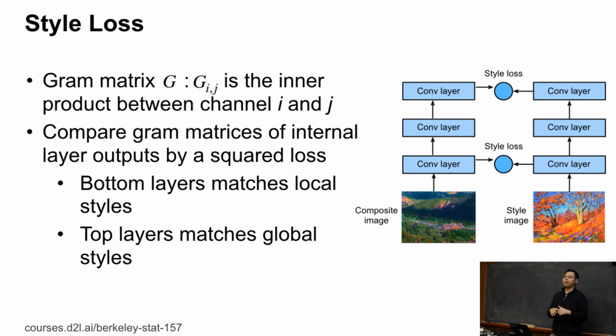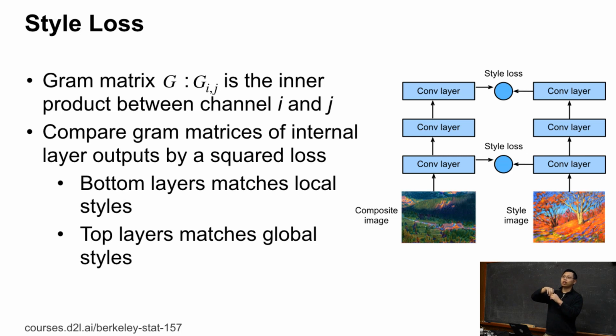To match the distribution, I can match the mean, the variance, or the third order statistics. The Gram matrix is the second order, the variance of the channels. We don't want to do RGB channels because that's raw pixels. So for the convolution layers, we have multiple channels, and each channel is a variable.